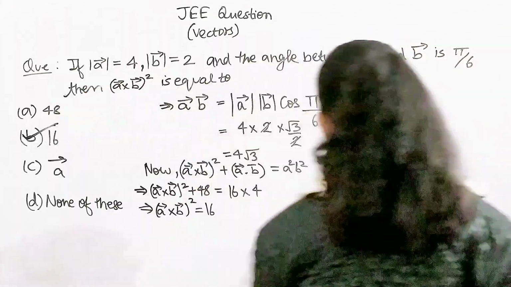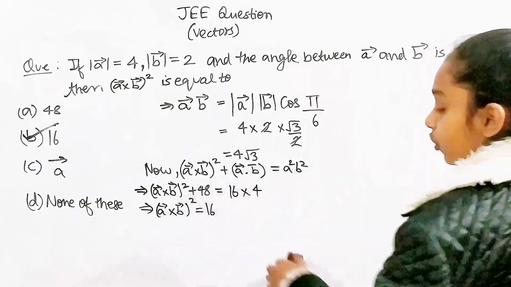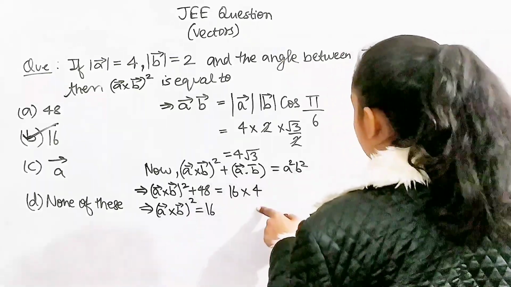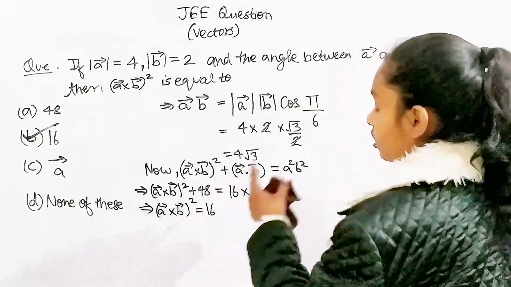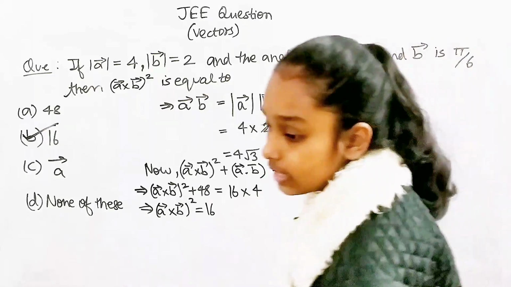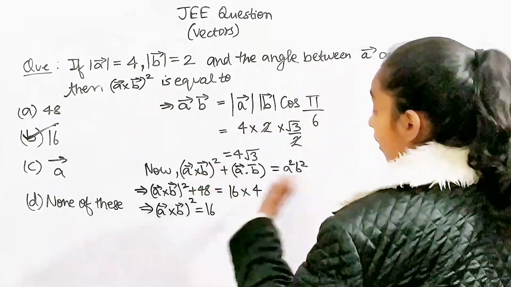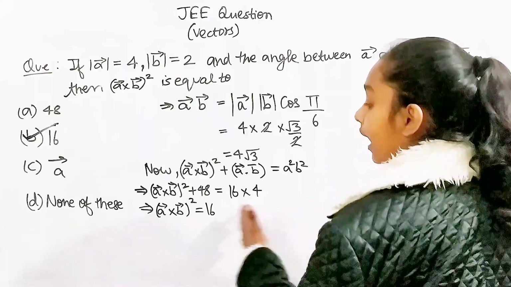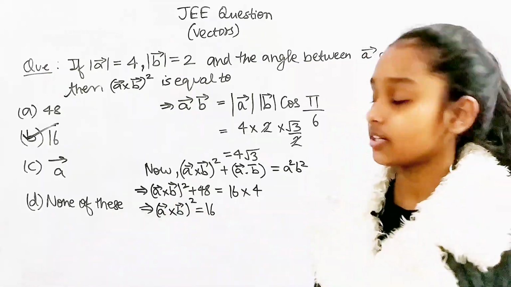This is how I got the answer 16. First I multiplied and got 64 here, then I switched its side, and after subtracting from 64, I got 16. So this is how I got my final answer, right?